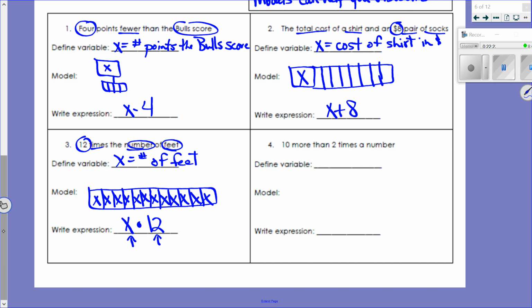It's 12 times X because it says 12 times the number of feet. Does it really make a difference? The answer is the same because of the commutative property of multiplication. Good job.